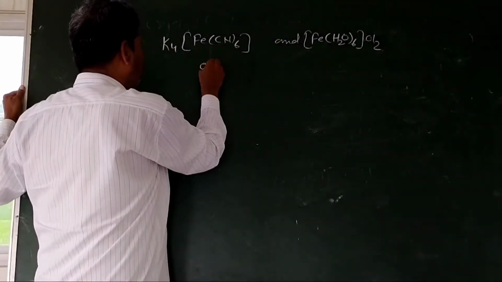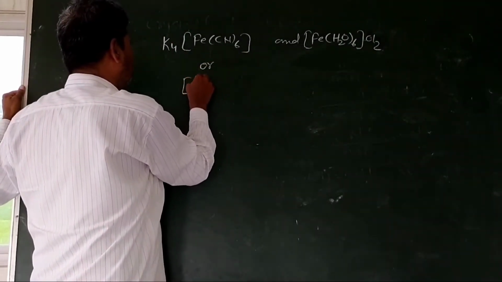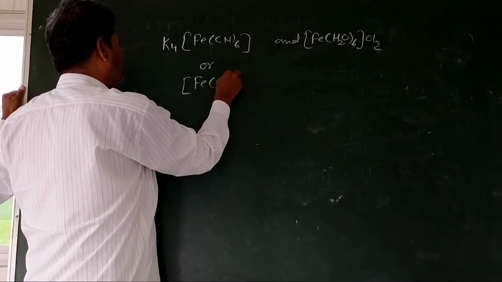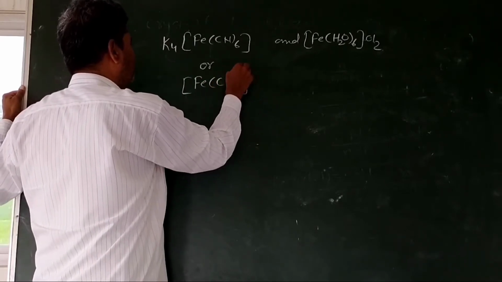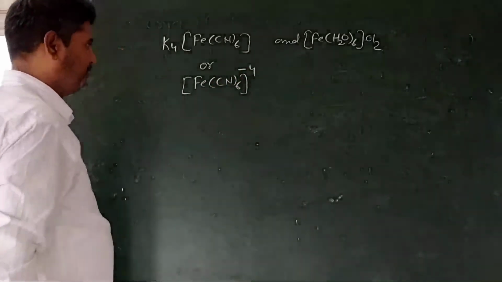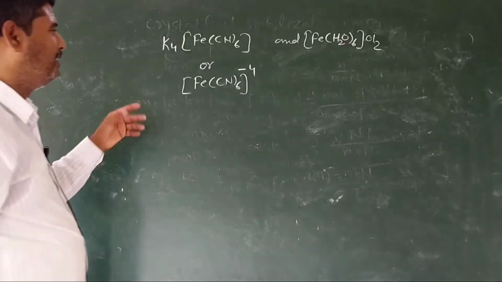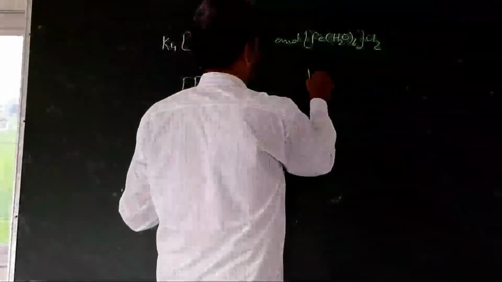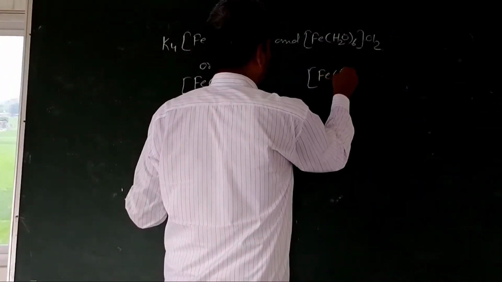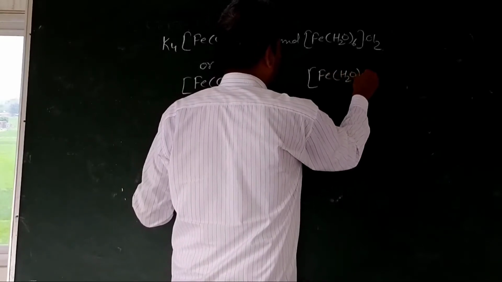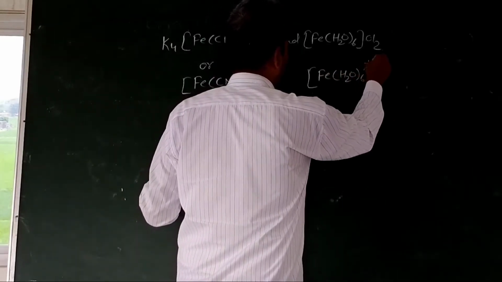This may also be written as [Fe(CN)6]^4-, and this may be written as [Fe(H2O)6]^2+.